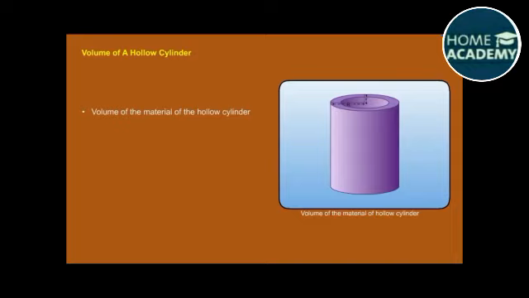Volume of the material of the hollow cylinder is equal to external volume minus internal volume, equal to pi capital R square h minus pi small r square h, equal to pi h into capital R square minus small r square.